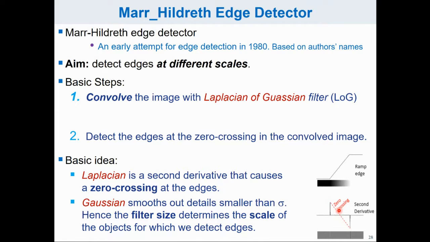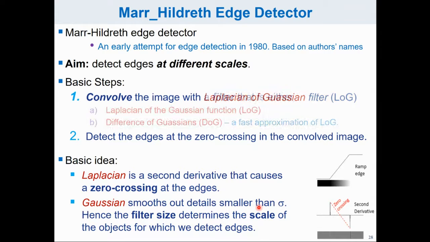The idea behind using the Laplacian of Gaussian is that the Laplacian is the second order derivative, as we have seen before. And the Gaussian is a strong filter that we can use with a certain sigma to smooth the image and only keep strong edges, determined by the scale of the sigma in the Gaussian filter that we are using. Okay.